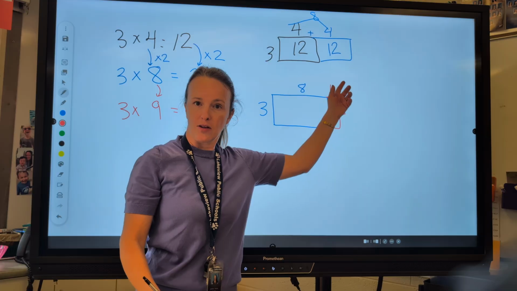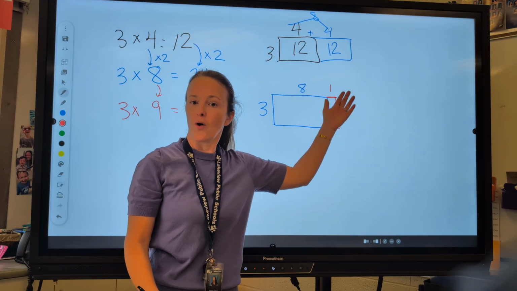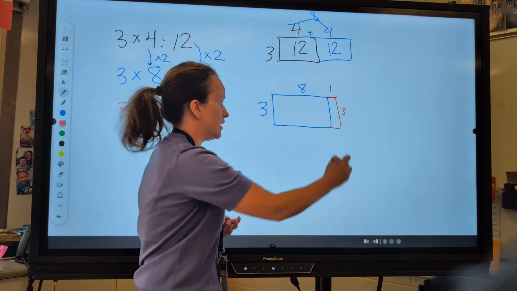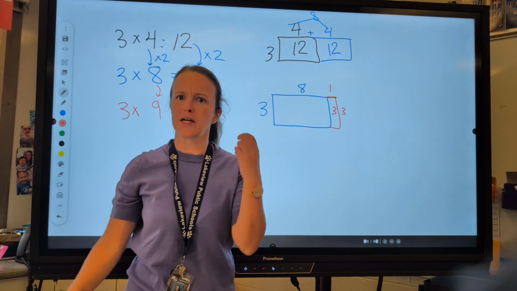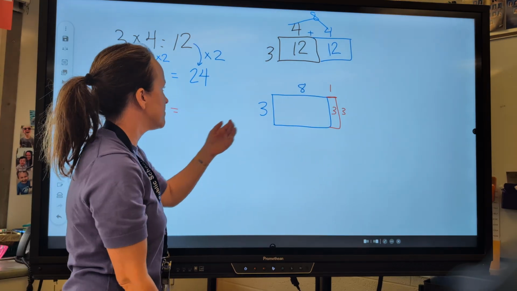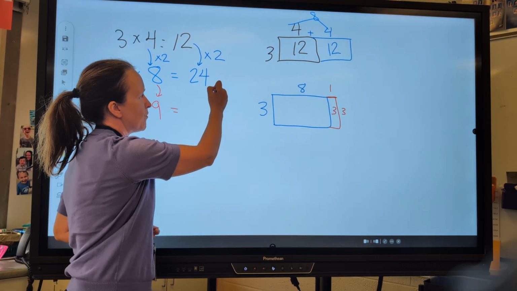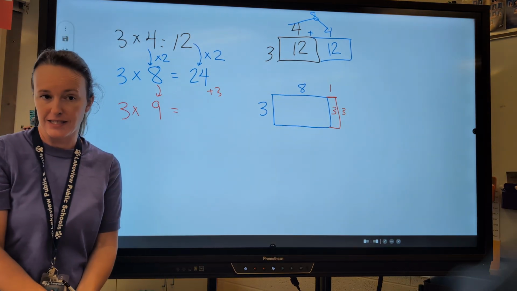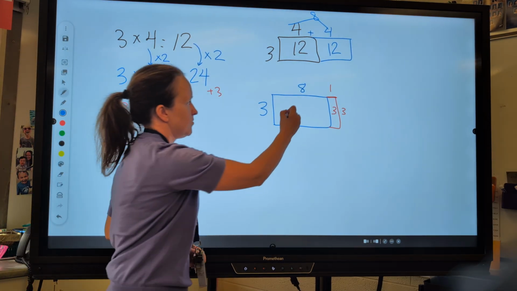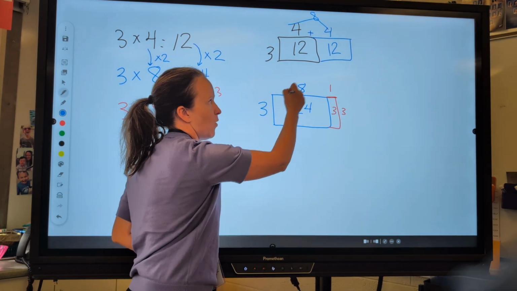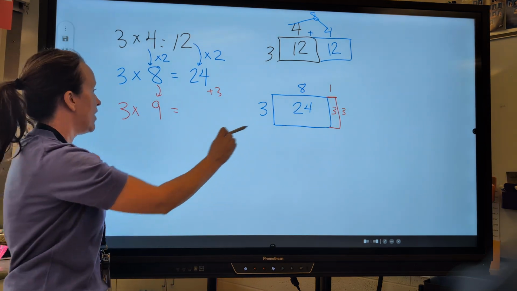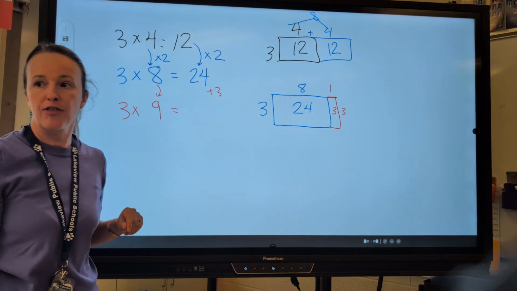What is one group of 3? One group of 3 is what, everyone? 3. So I'm just adding another 3 to my last answer. So this part was still 24, because that's what we got for the last answer, and now I'm doing another group of 3.